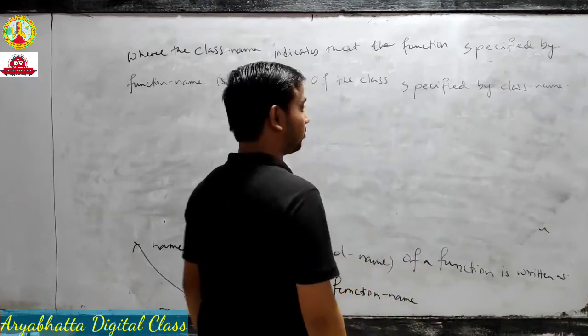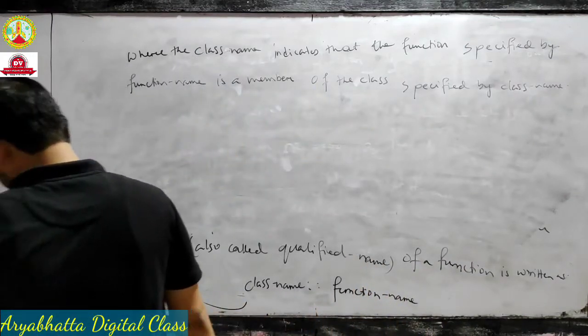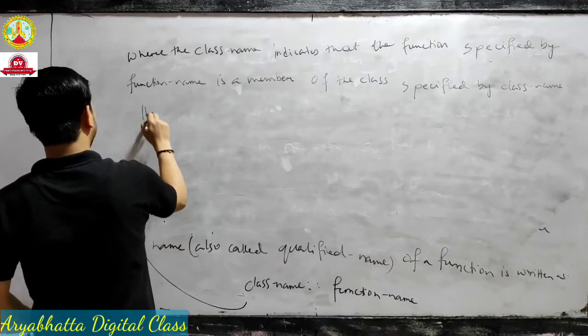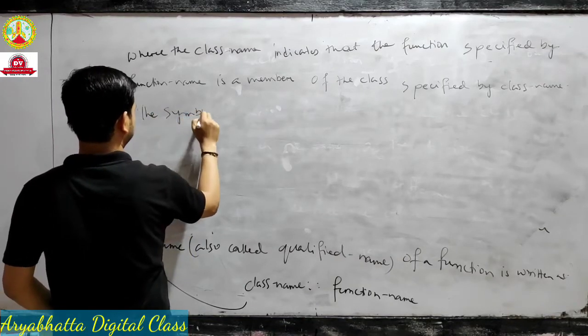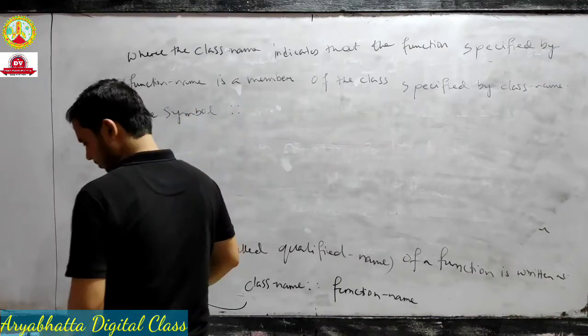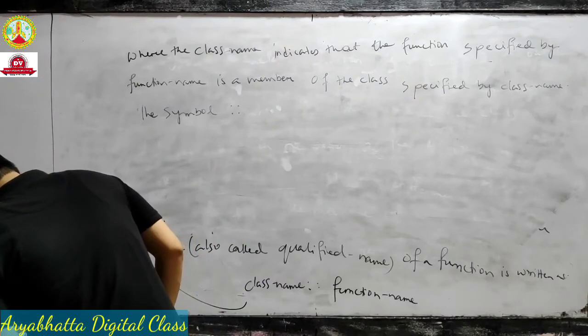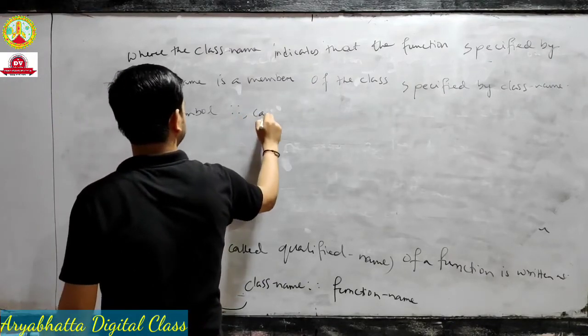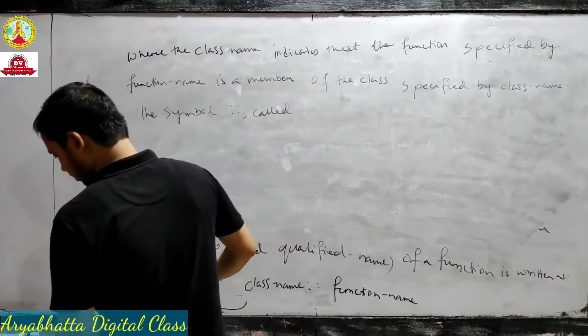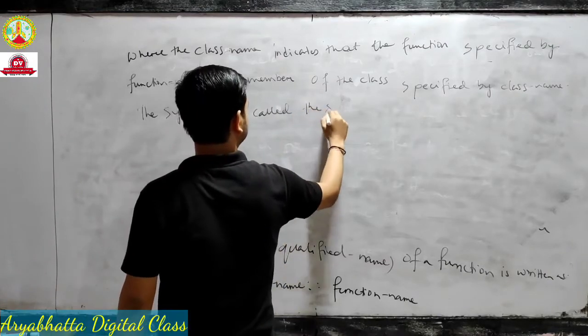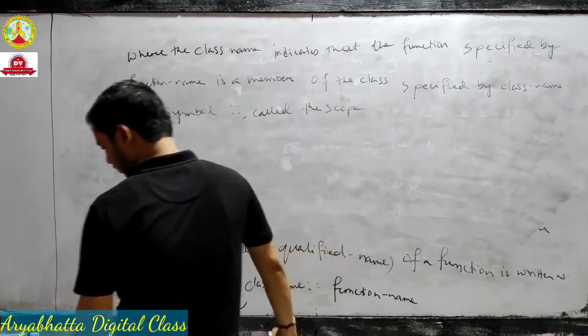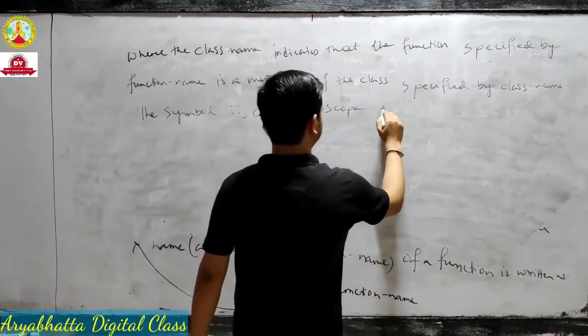This is very important. The symbol :: is called the scope resolution operator.